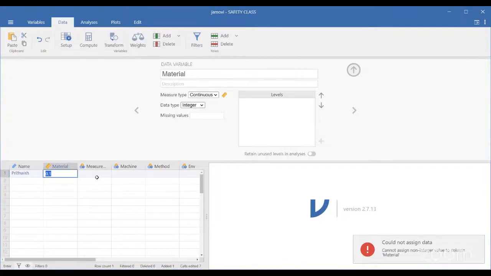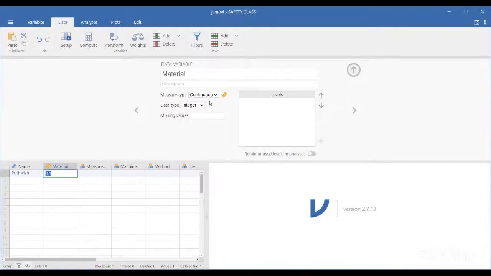Next is the measure. This variable will be continuous. Measure, machine, method, you have to change. Material continuous, it is okay. But 0.1 cannot assign a non-integer value.